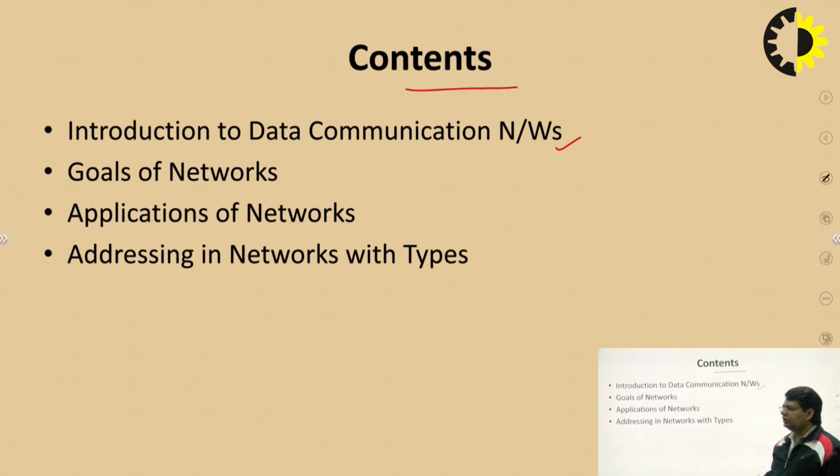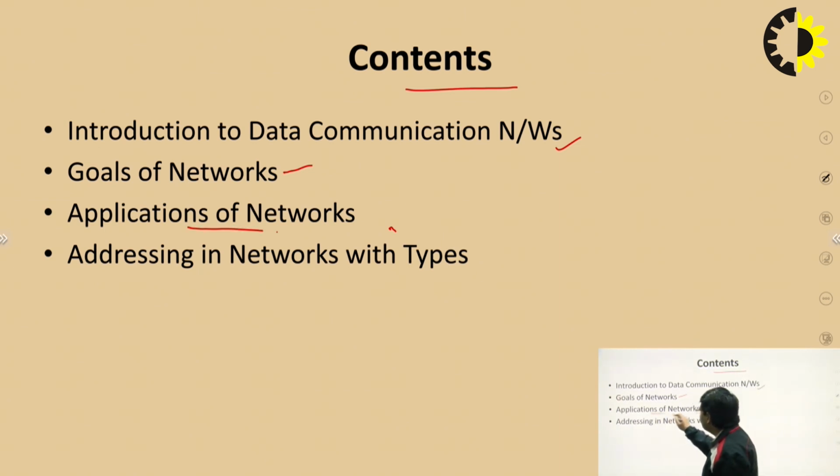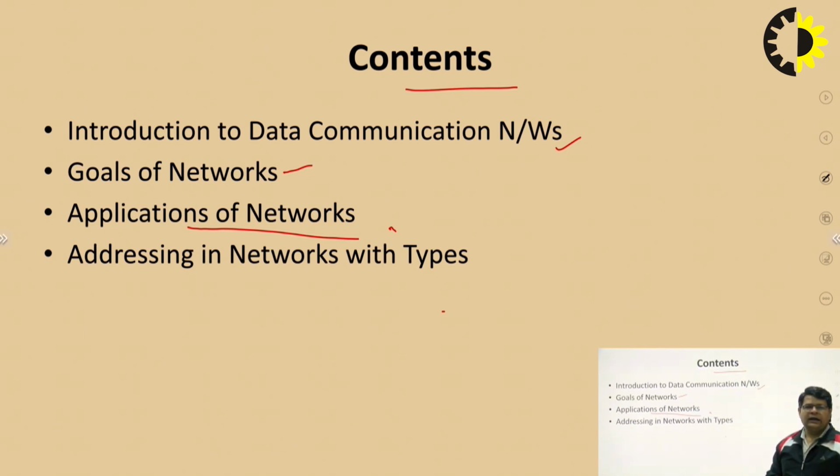We will also study what are the main goals or objectives of the data communication network. We will also discuss the applications of the network, and finally we will discuss the topic addressing in the networks with its type. That is, what are the different types of addresses that can be used with the internet or in the networking system.